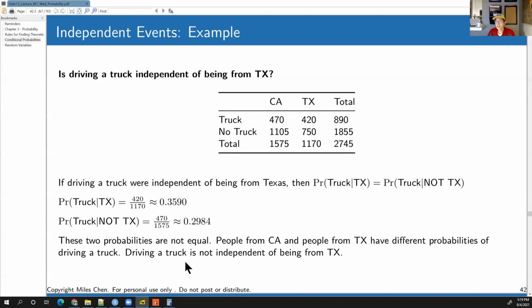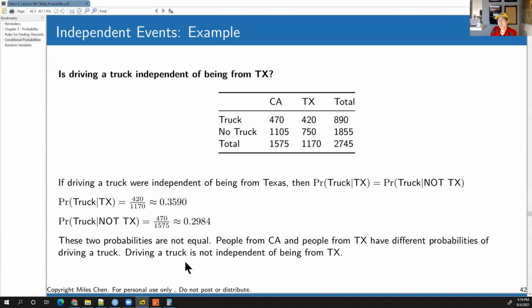Right, so if we pick a random person and ask, do you think this person drives a truck? They might say, I don't know, how am I supposed to know? Maybe I'll just tell you the national average for people who drive trucks is like 1 in 3, 33%. Great, that would be my guess. But then we say, just by the way, this person's from Texas.